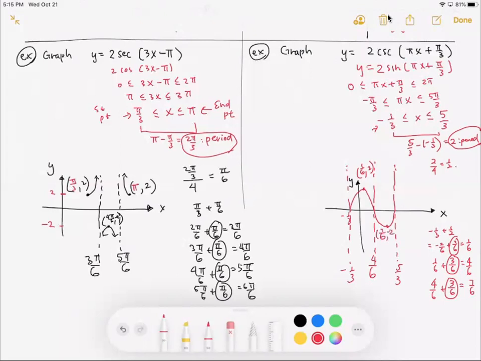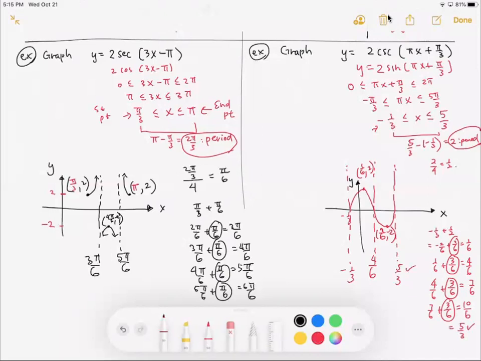And that's -2 by looking at the amplitude of sine. And then 7/6 plus 3/6, which is equal to 10/6. And is this equivalent to the last asymptote? Yes, so we did it correctly.